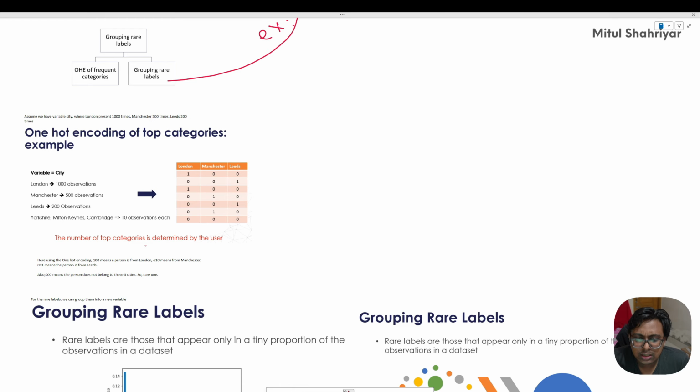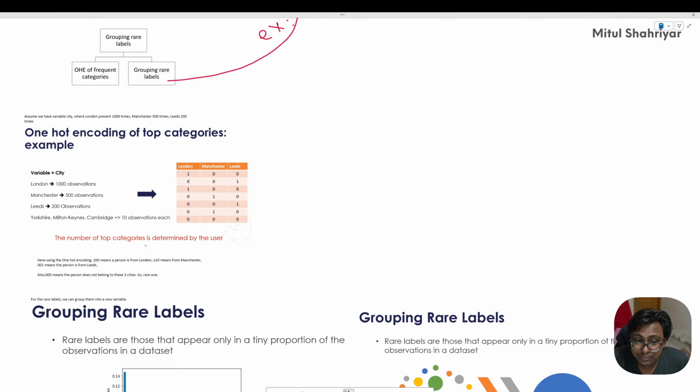So here you can see the encoding. Here 100 means a person is from London. Then 010 means he's from Manchester. Then 001 means the person is from Leeds. Also, 000 means the person does not belong to these three cities.